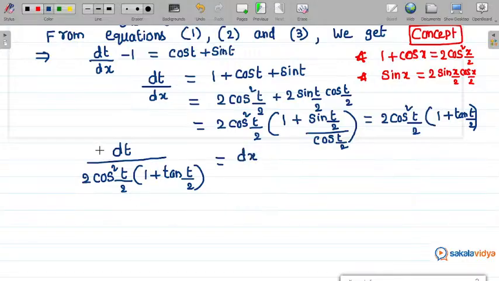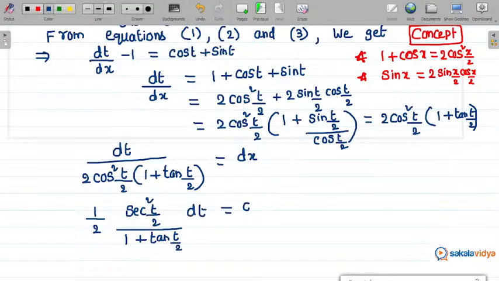Here 1 by cos square t by 2 is secant square t by 2, so we can write 1 by 2 times secant square t by 2 by 1 plus tan t by 2, dt equals dx.